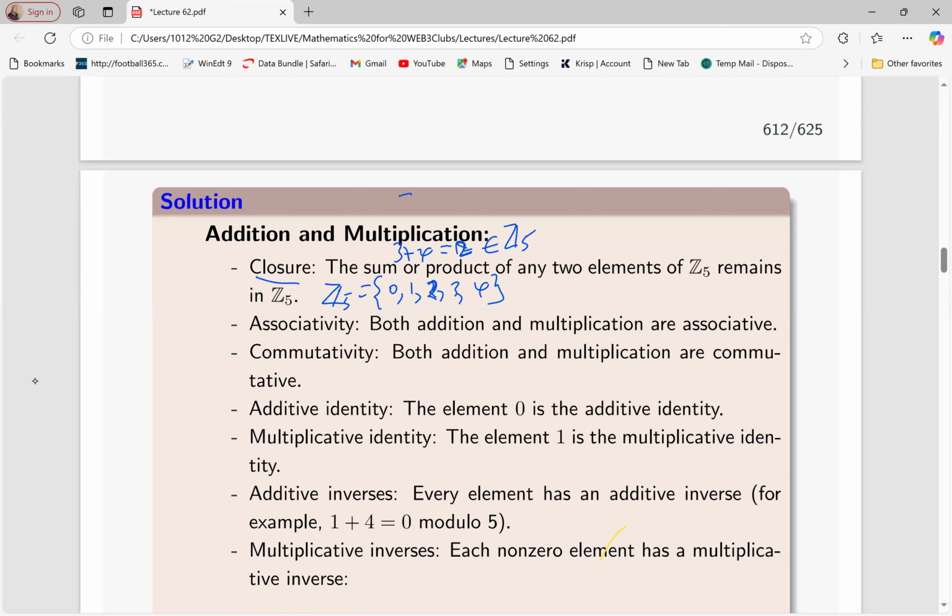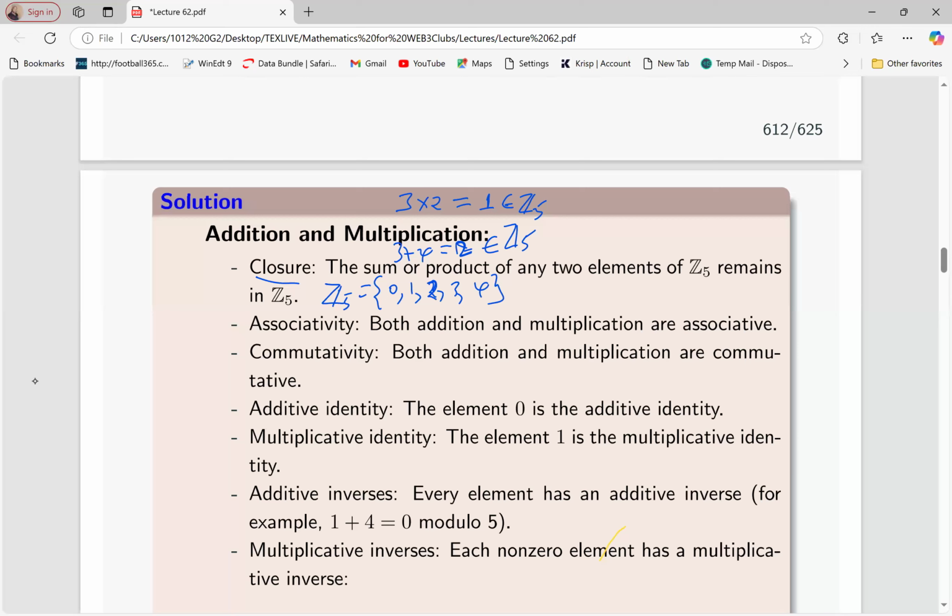What about 3 times 2? That will be 1, and 1 again is a member of this set. So this set is closed under both addition and multiplication.